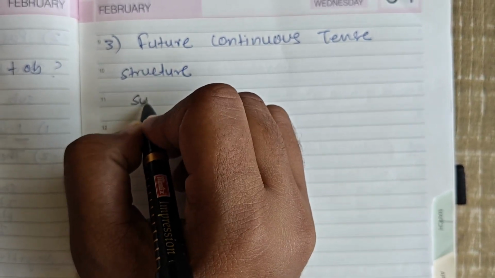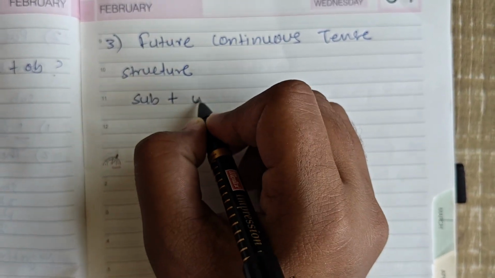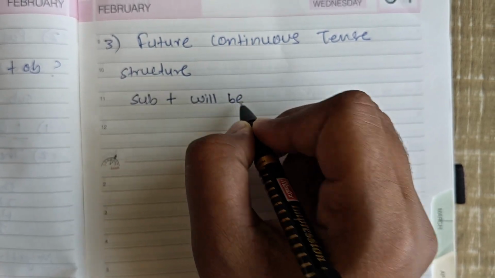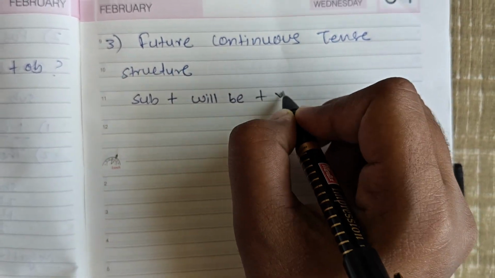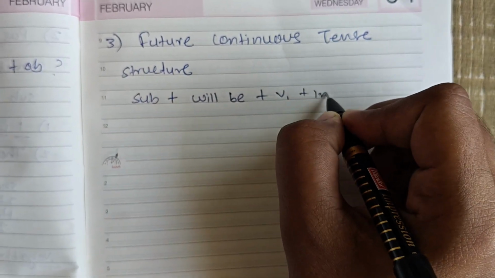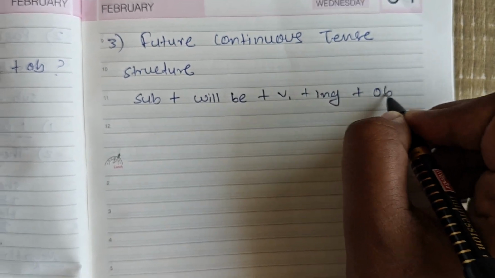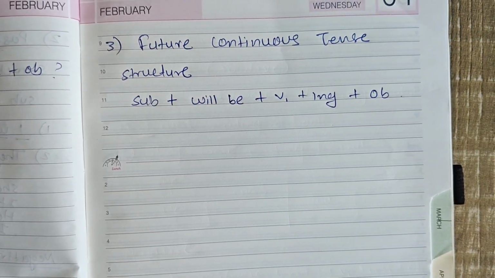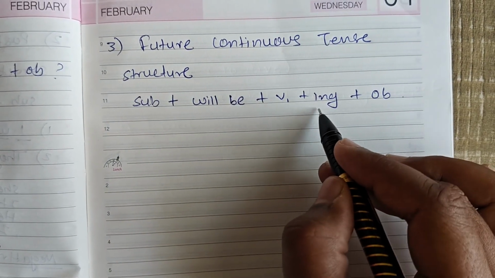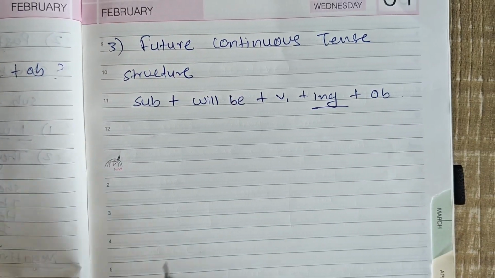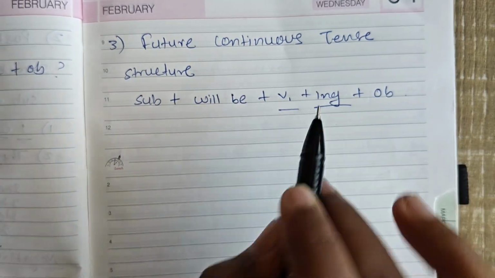Subject plus will be plus v1 plus ing plus object. This is the identity of the continuous tense. Here we always use ing, and v1 is always the verb's first form.